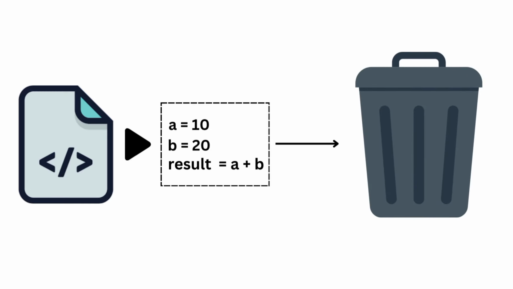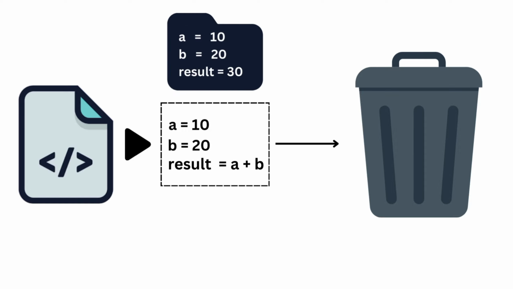But suppose those data or values seem important to us and we want to store them somewhere so that later, when we rerun or revisit our program, we get those previously stored data and maybe continue our work from where we left off. In such a scenario, we have to store those data permanently. And there comes the use of file handling in programming.